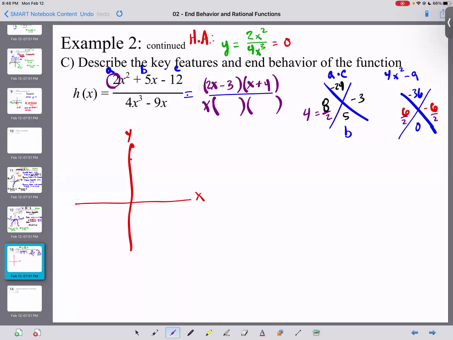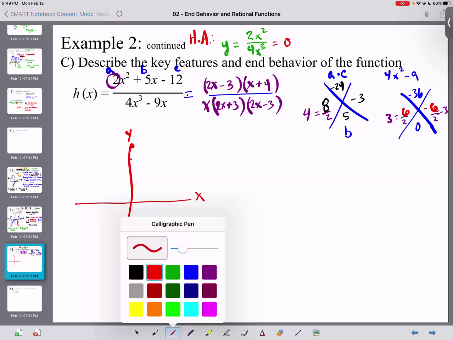So both of them are going to get simplified by a factor of 2. So this will be 2x plus 3 and 2x minus 3. Since they both got divided by 2, both terms get the 4x. That's going to be my factored form.